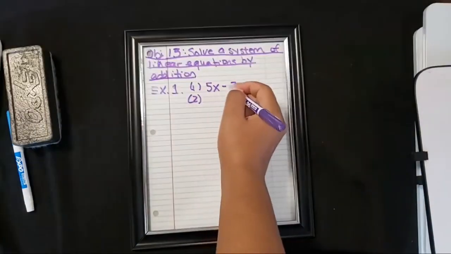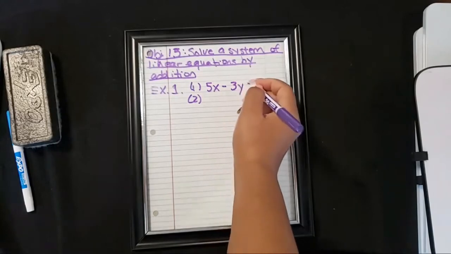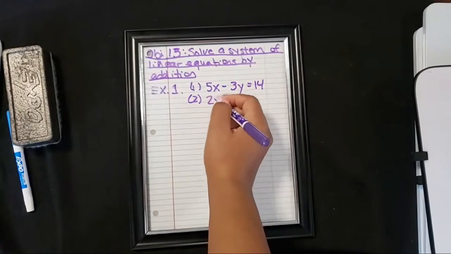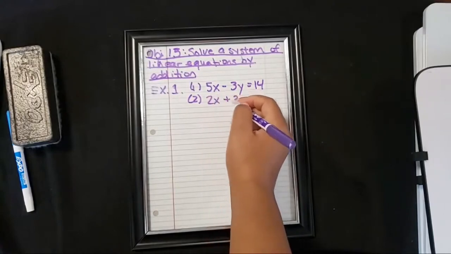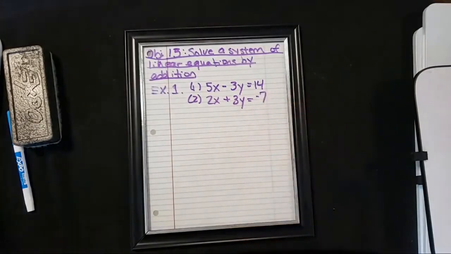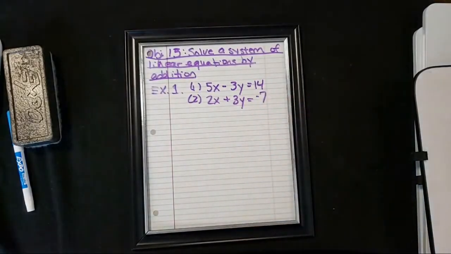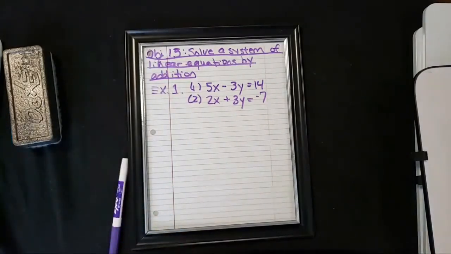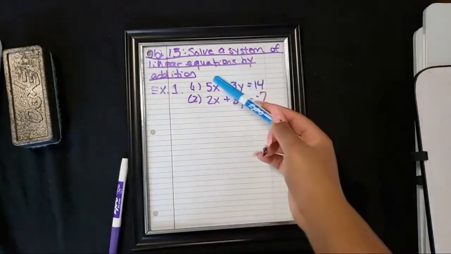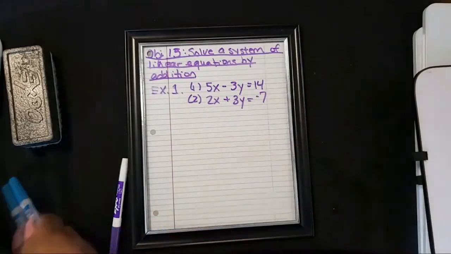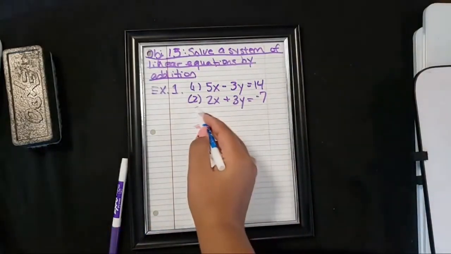This example number 1 is like the best case scenario, so we're going to start here. This is where most of the work is already done for you. By that, I mean it's already set up for a term to cancel. If we look at 5x and 2x, if we add those together, we'll get 7x.